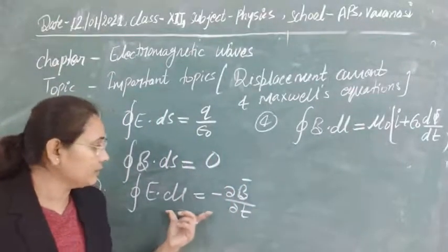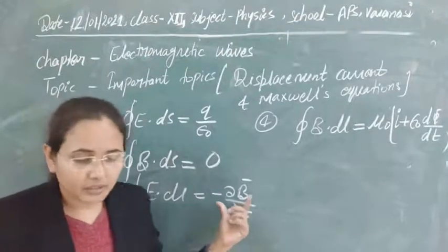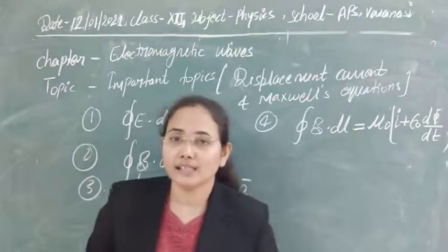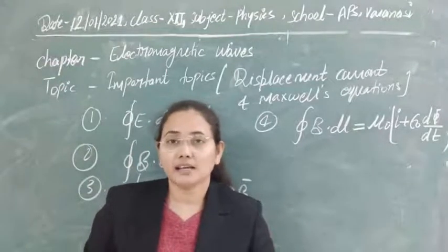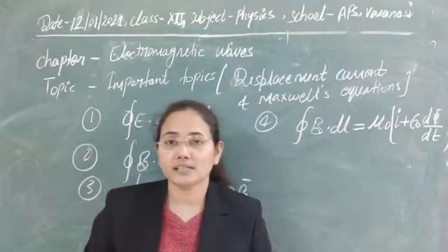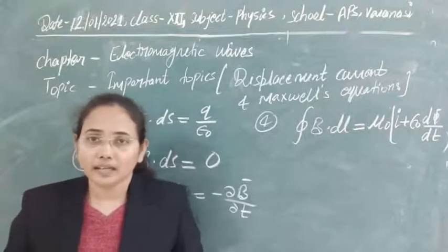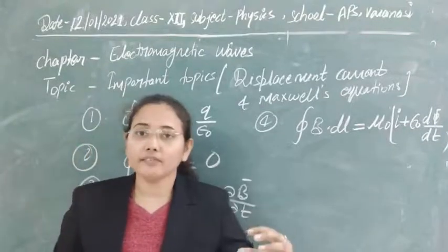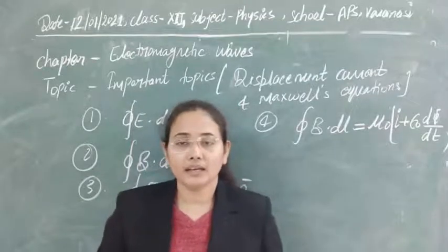Third is Faraday's law of electromagnetic induction. As you know, this equation tells us that whenever there is a change in magnetic flux attached to the given space, or a change in magnetic field, an electric field is induced in the system, and that is known as electromagnetic induction.